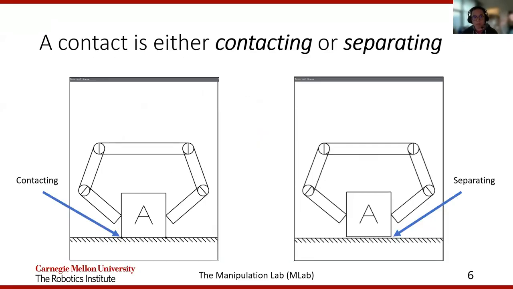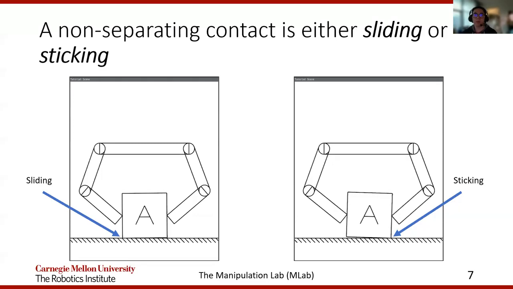So we'll jump into defining how contact modes work. A contact is either contacting or separating. On the left, we have a contacting contact, maintaining, and it's not moving. On the right, we have a separating contact. So this object is being lifted and the contact is broken.